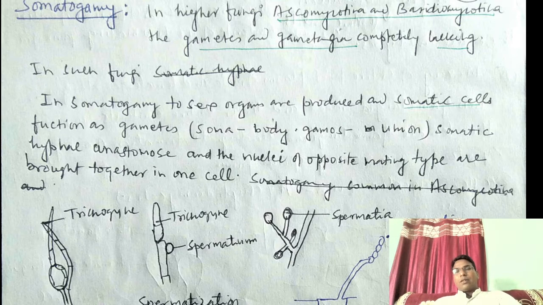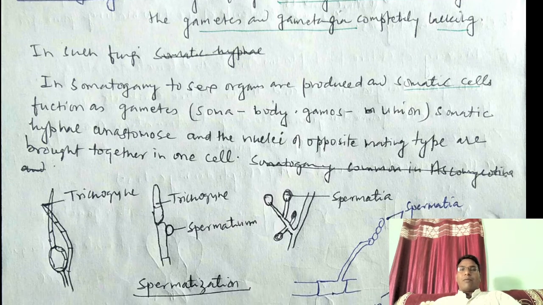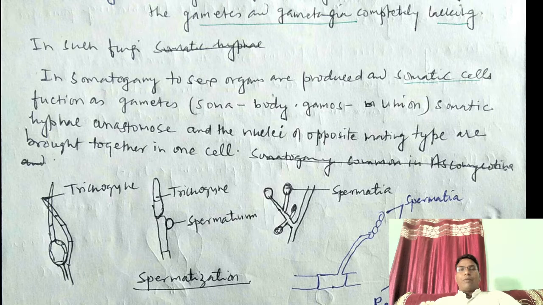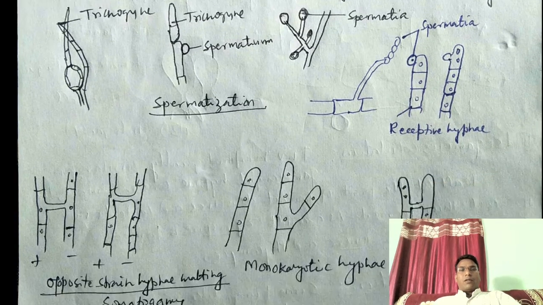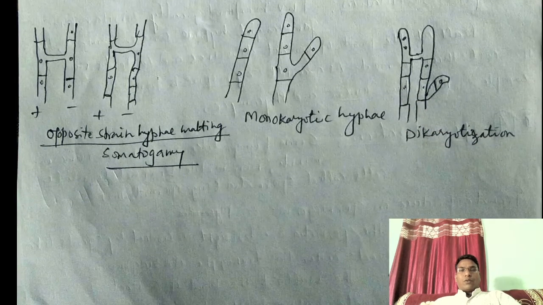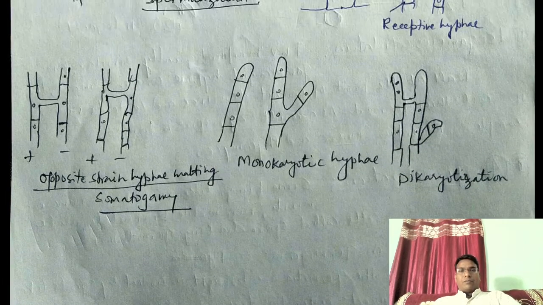Soma means body and gamos means union. The somatic hyphae and the nuclei of opposite mating type are brought together in a cell. Here is the structure of somatogamy. Thank you.